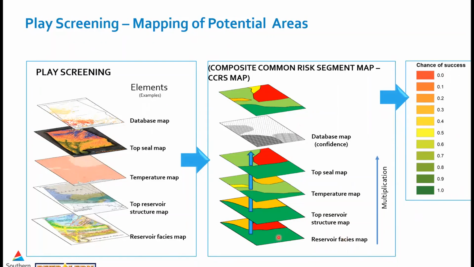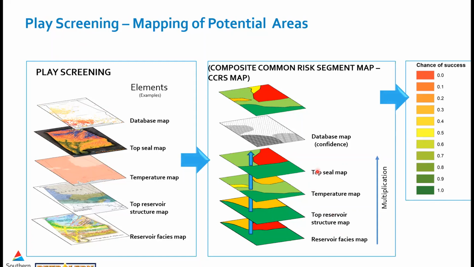So you start out making all these individual common risk segment maps, and for instance here you can see you have a yellow and you have a green, and each of these segments are what we call play segments.